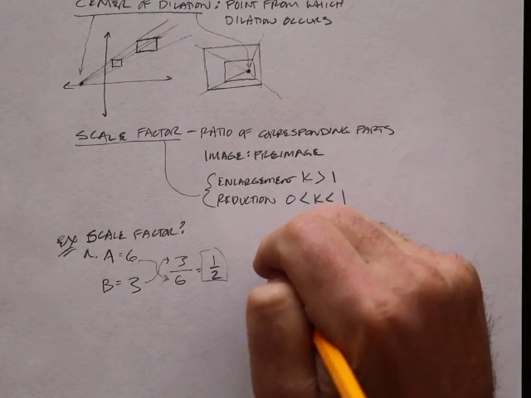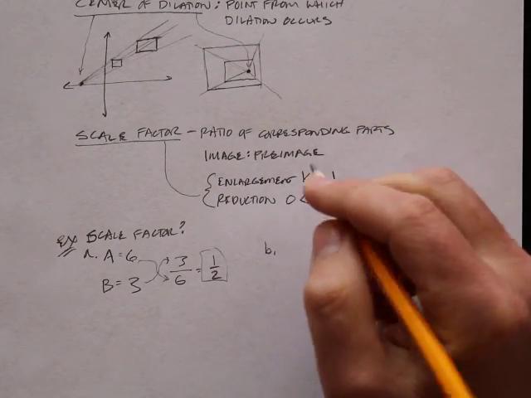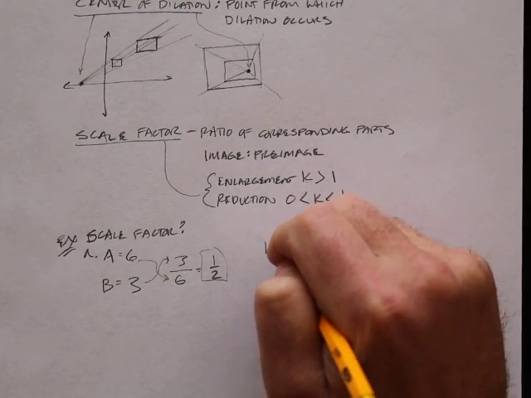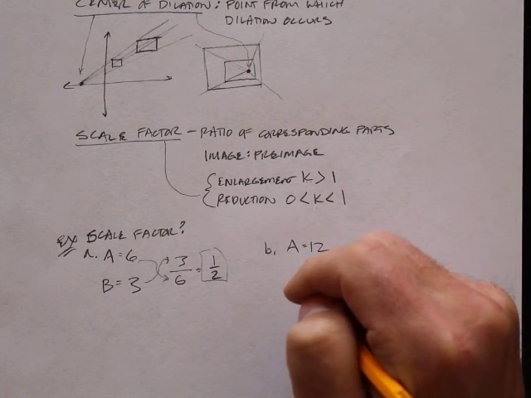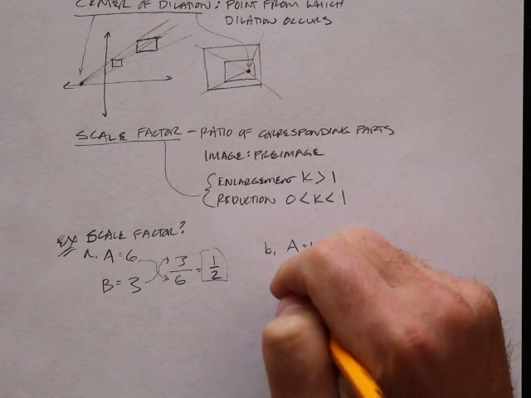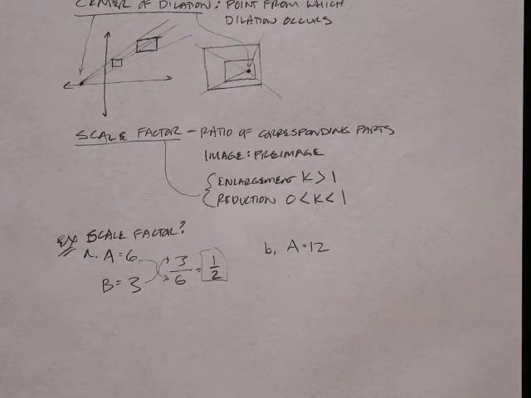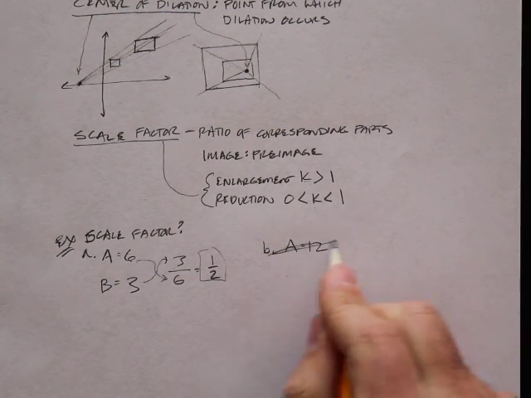Let's do another one. A is 12. B, oh, am I doing something? Oh, yes. Okay. This next one we're going to do on the graph paper.